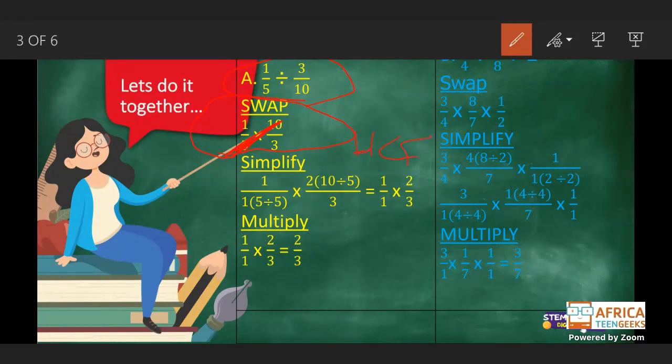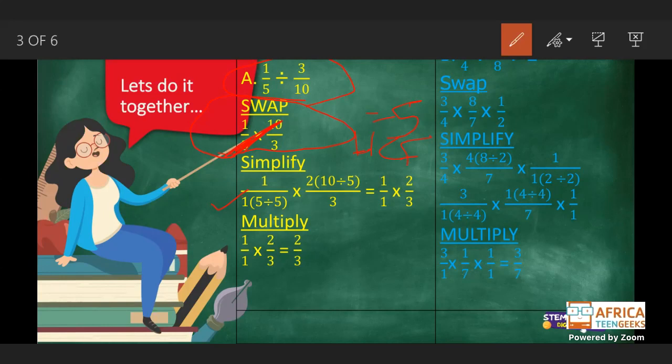HCF equals 5. So our highest common factor is 5, right? So 5 divided by 5, how much is it? 1. And our 1, we keep it like that because we can't simplify. There's no highest common factor for 1 and 3. 1 divided by 1 is 1, so it won't change.